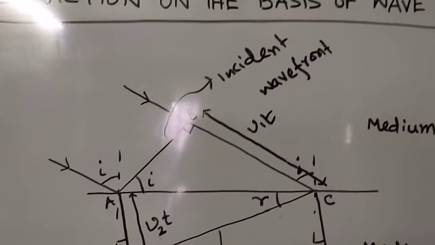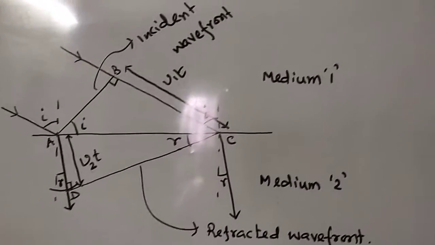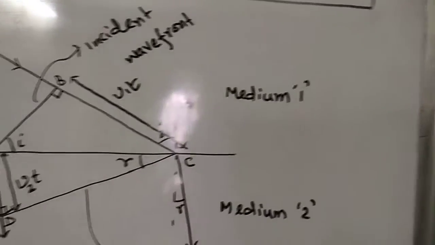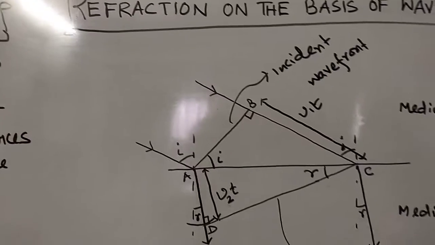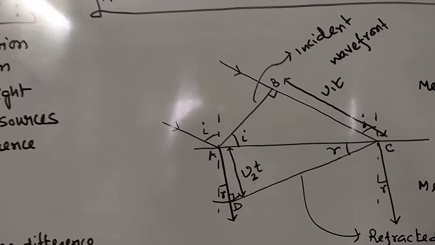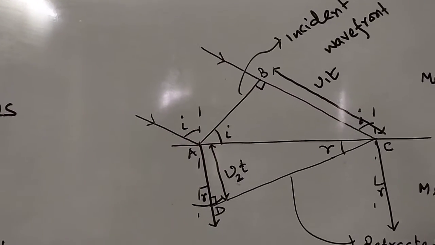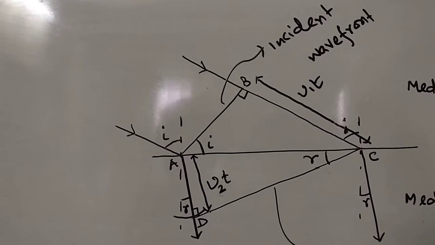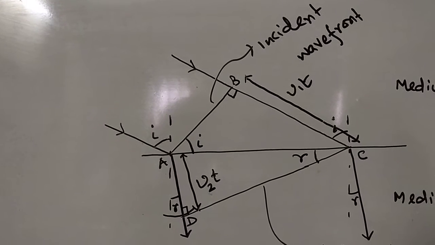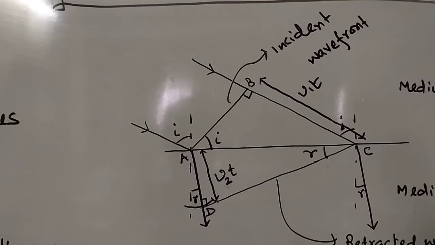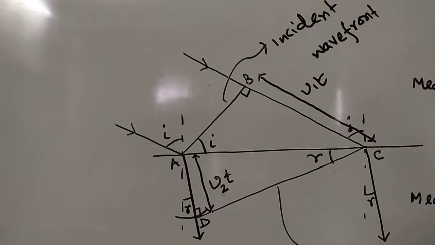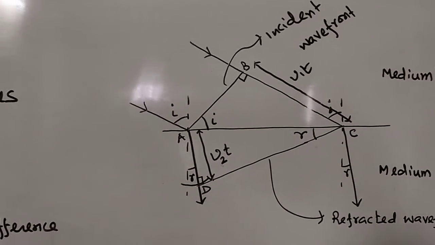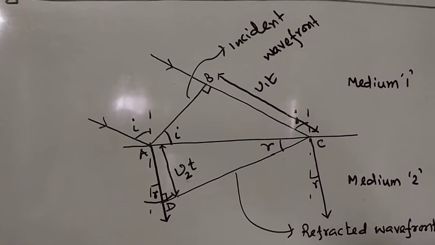So here, what we have to do is construct a refracted wavefront, and for that we have to know the time factor. We have to calculate how much time the ray takes to move from B to C, and considering that time, we construct an arc with the distance v2t, because two different media have two different speeds of light.